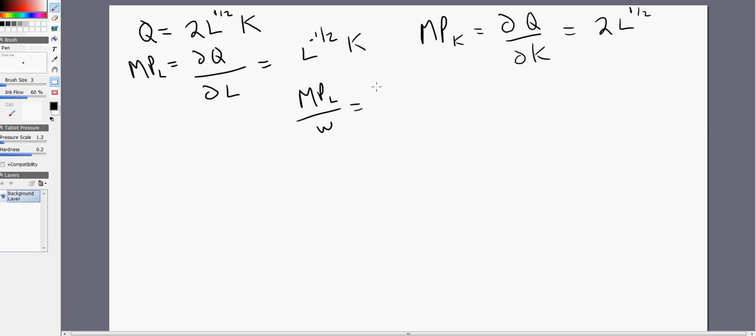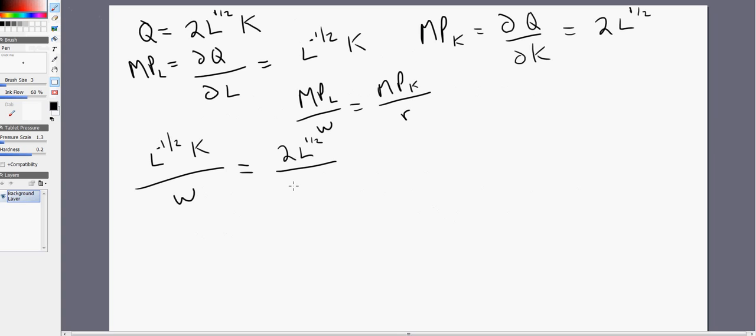When the firm is hiring the appropriate amount of inputs, this condition must hold: the marginal product of labor divided by the wage rate equals the marginal product of capital divided by the price of capital, R. Let's substitute our marginal products into this equation. So here we have the marginal product of labor divided by the wage, and that's going to equal the marginal product of capital divided by the price of capital. Let's go ahead and simplify this.